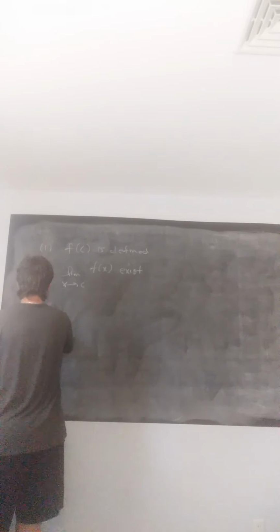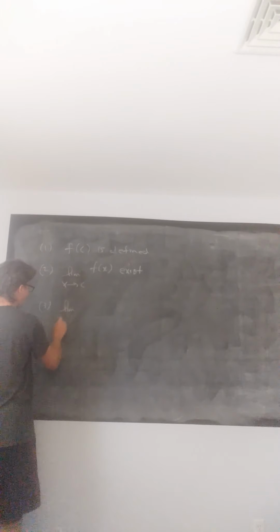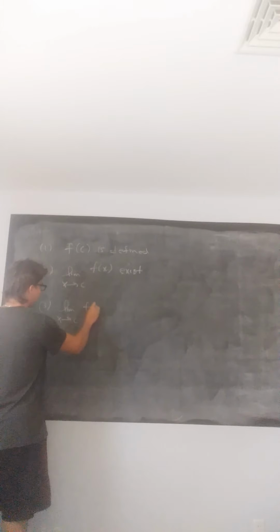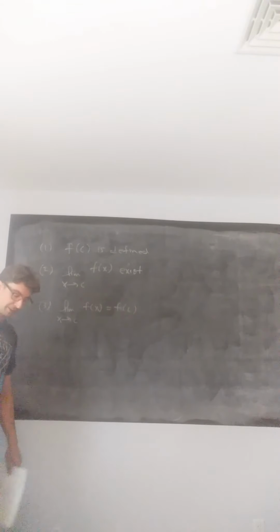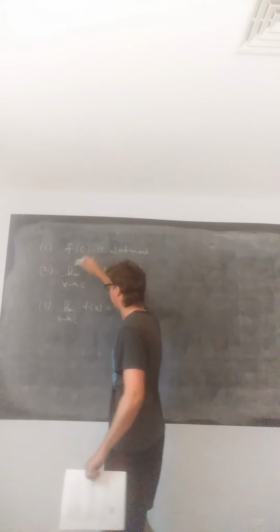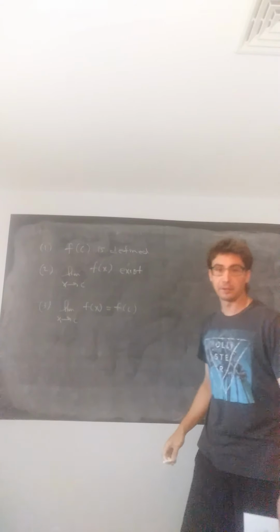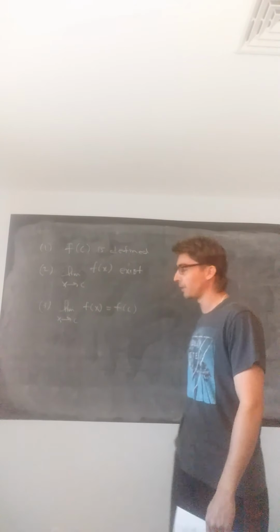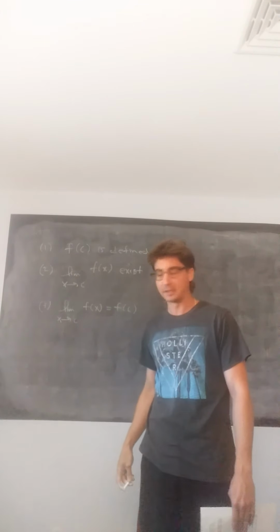And number three, of course, is that the limit as x approaches c of f of x is actually equal to f of c, meaning that the limit itself is the function value at c. And if you have those three criteria, then you know that your function is continuous at some value c.